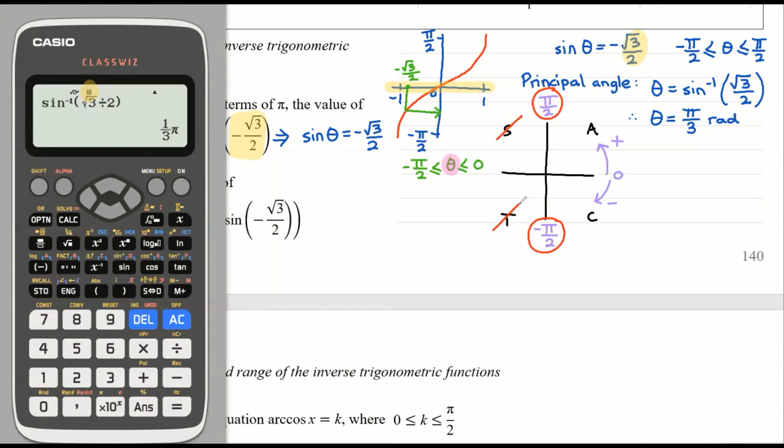Okay, so we put our principal angle where sine is negative. Remember earlier on that we said we're going to find the angle theta where the value is negative √3 over 2. So if we have two quadrants to choose from, the only quadrant that would possibly be valid is, of course, the C quadrant where cosine is positive.